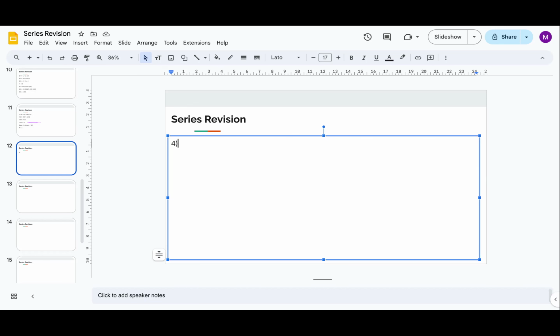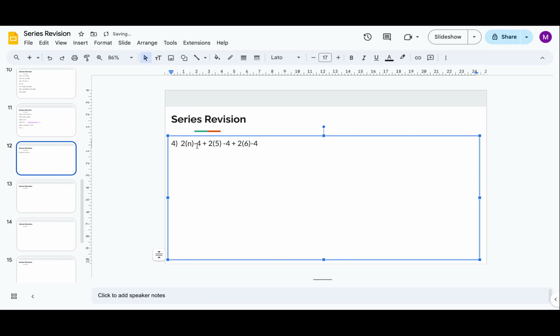So it's 2n minus 4, n starting from n equals 4 to n equals 17. Okay, so our first term will be 2n minus 4, plus our second term is when n is equal to 5, so 2 times 5 minus 4, and then the third one is 2 times 6 minus 4.